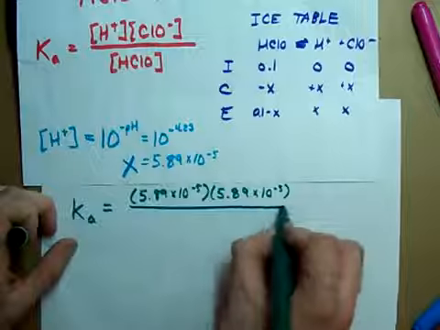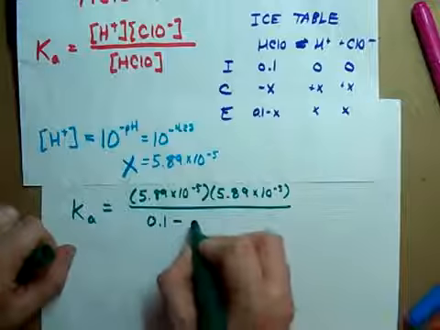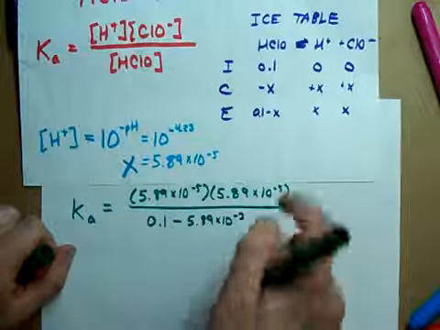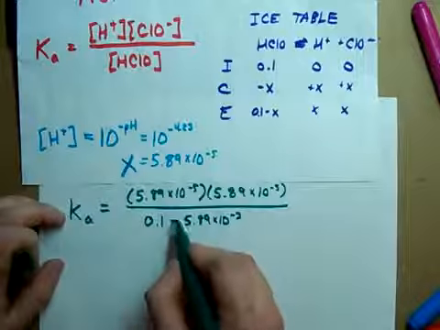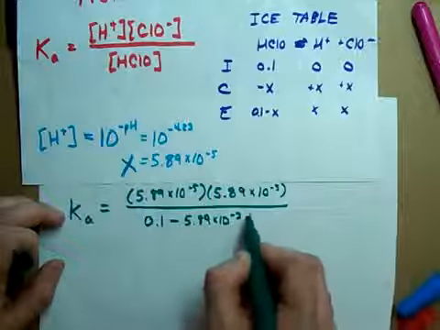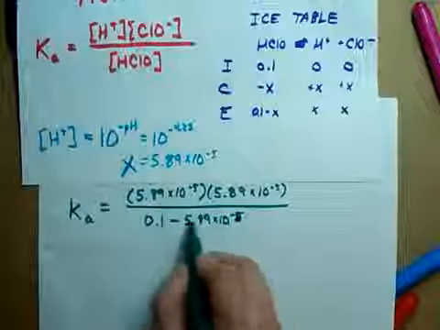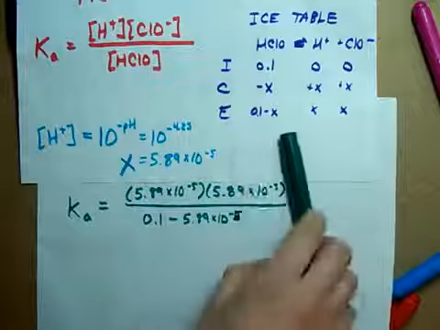And the concentration of HClO is 0.1 minus 5.89 times 10 to the negative 5, isn't it? What you'll find is that this part doesn't even really matter because it's so small relative to the 0.1.